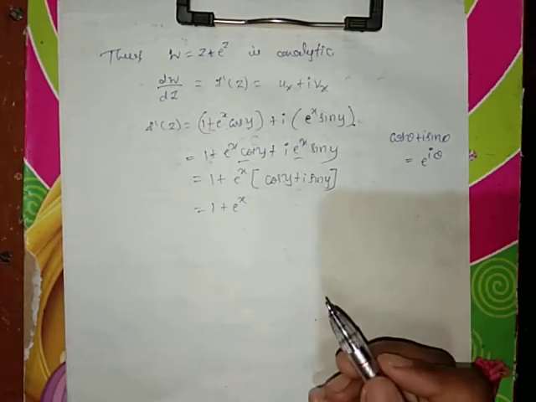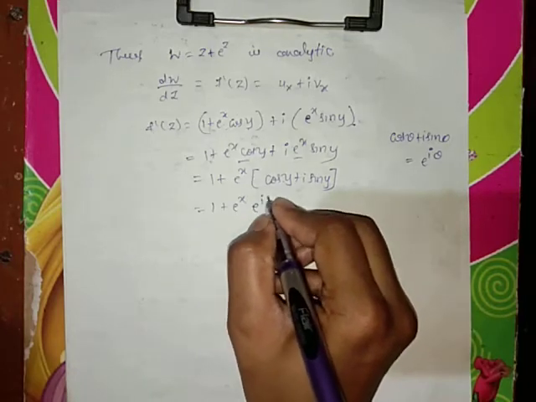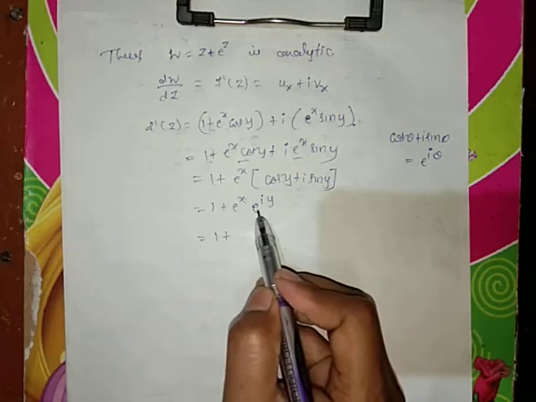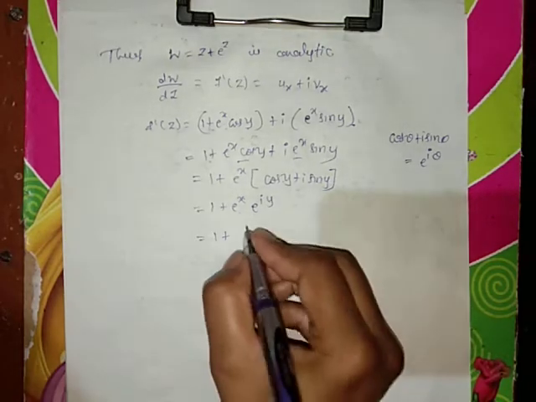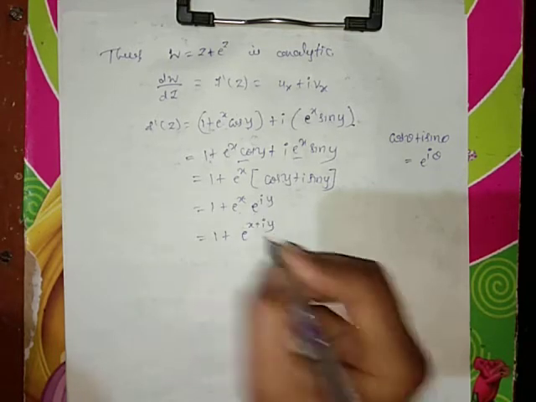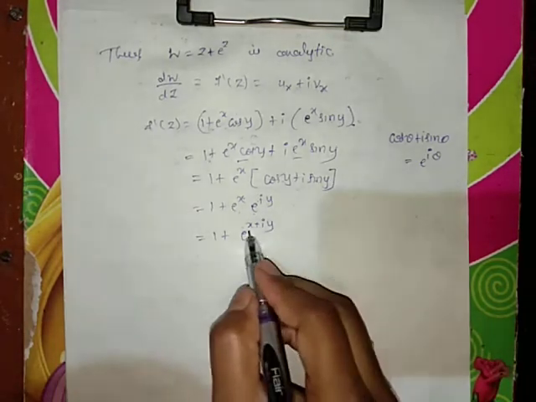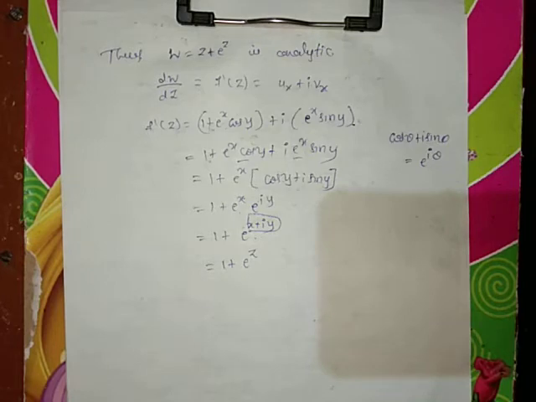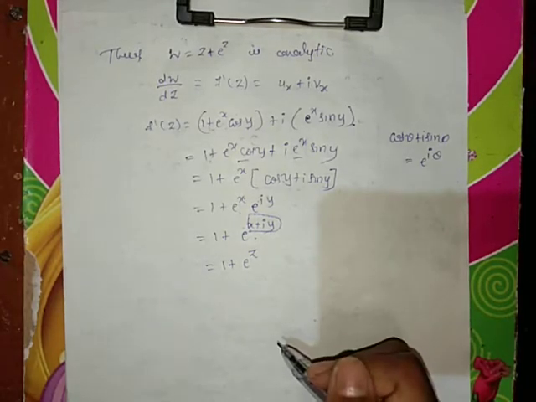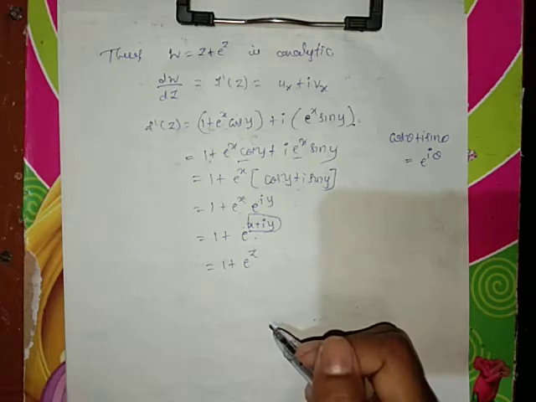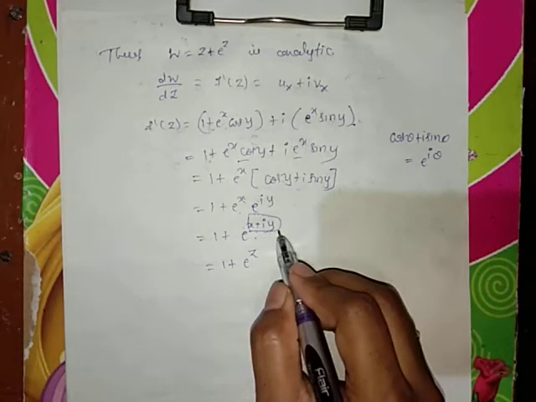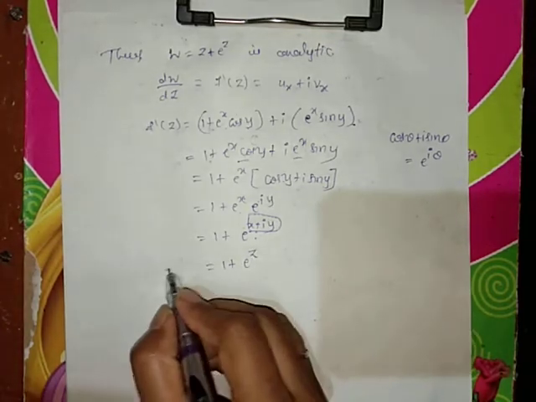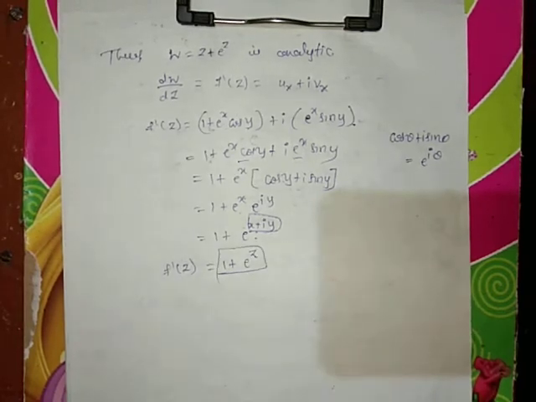So cos y plus i sin y equal to e raised to iy. Now 1 plus e raised to x into e raised to iy equal to e raised to x plus iy. For x plus iy we will have a substitution e raised to z, so that we make the resubstitution. So that is, rearrange the terms as a function of x plus iy. After conversion to x plus iy, take a substitution of z and you will get the f dash of z in terms of z.